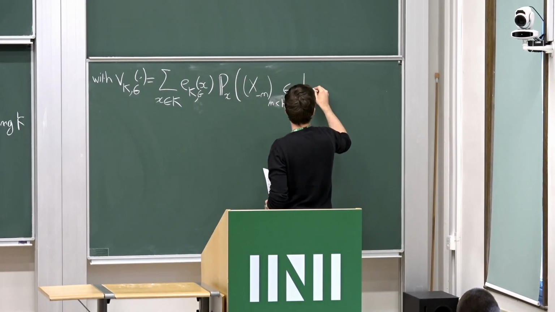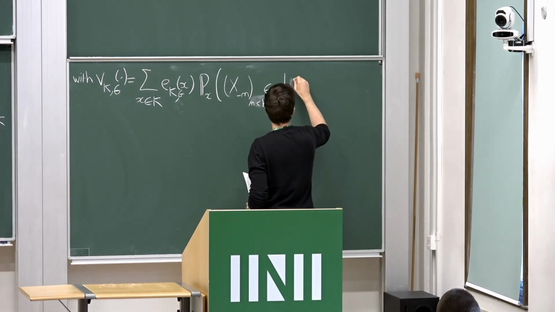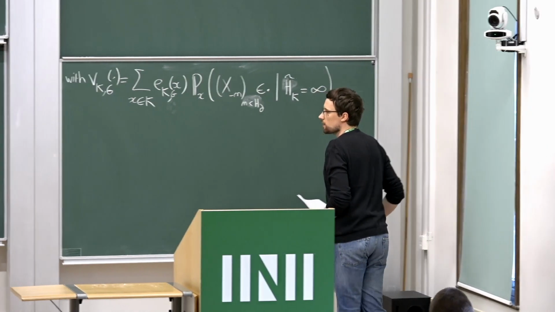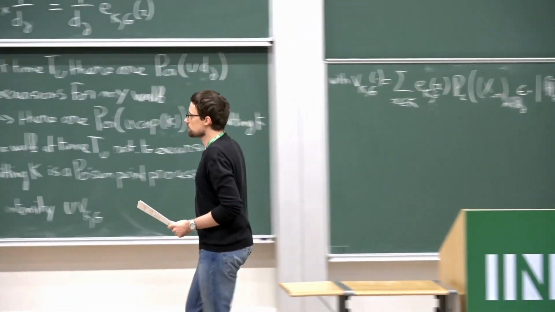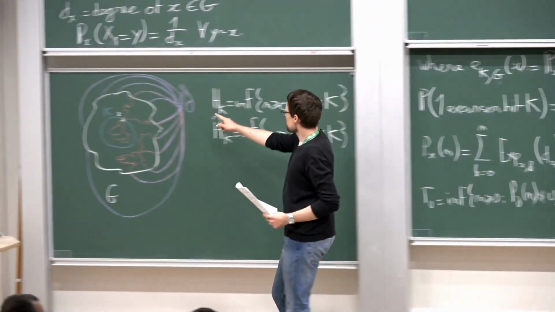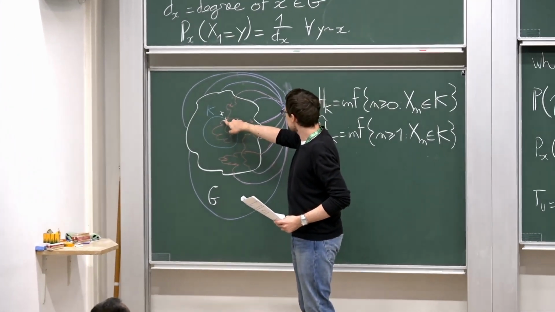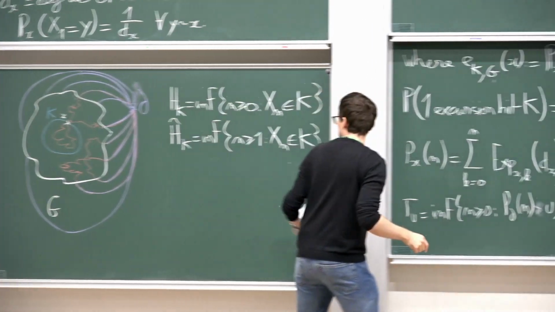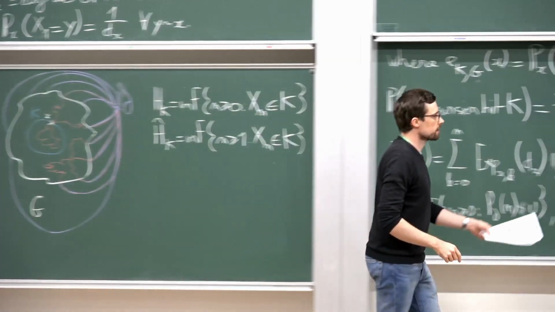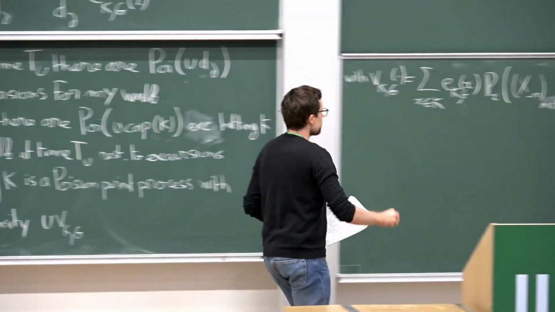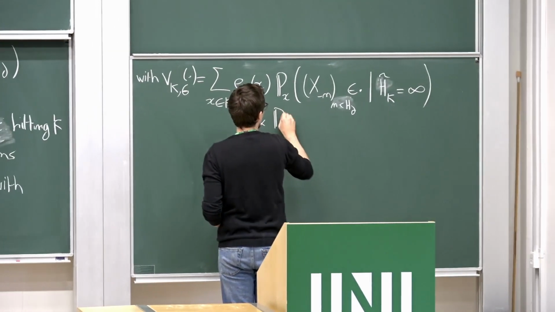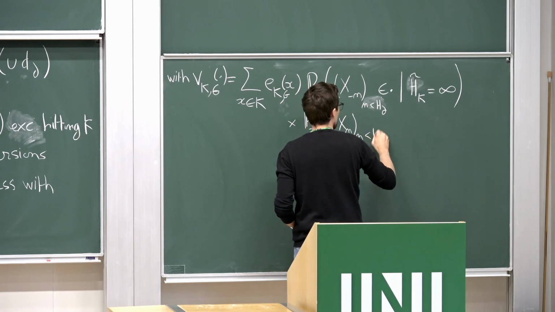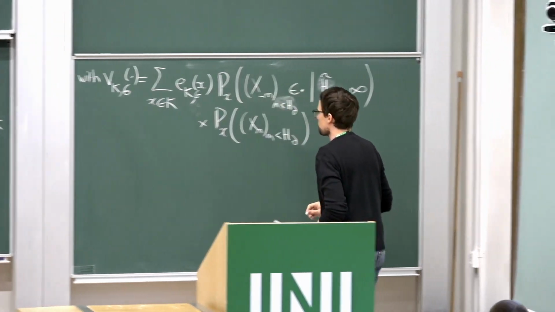So for backward, I have a random walk which never comes back to k. Just by time reversal, I use again the time reversal property, which tells me that starting from the boundary and hitting k in x is the same as starting from x and coming back to the boundary without hitting k. This is exactly what I wrote here. And then forward, I am just a random walk: once I have hit k for the first time, I just behave like a random walk.